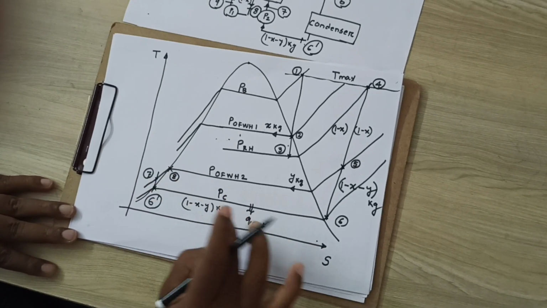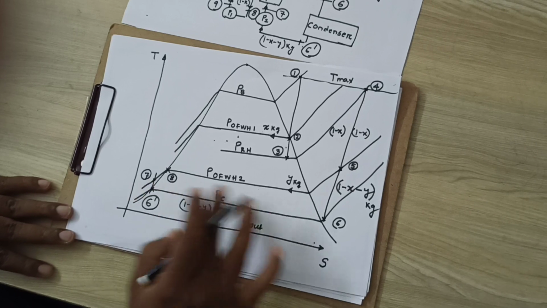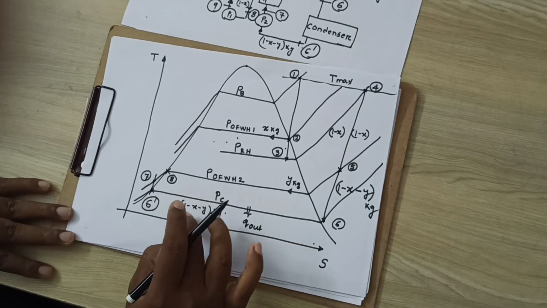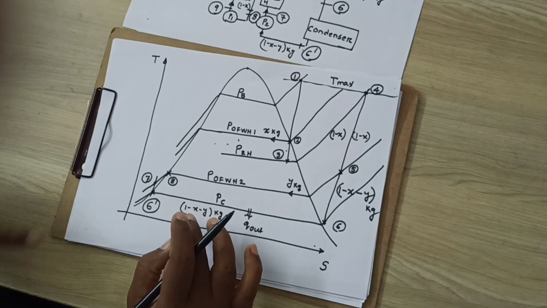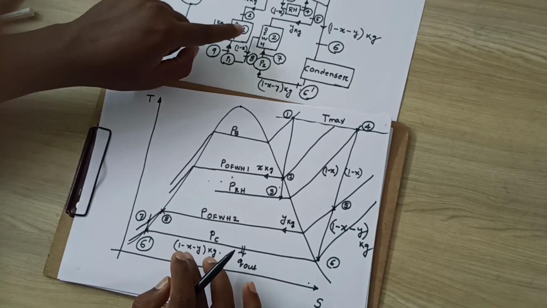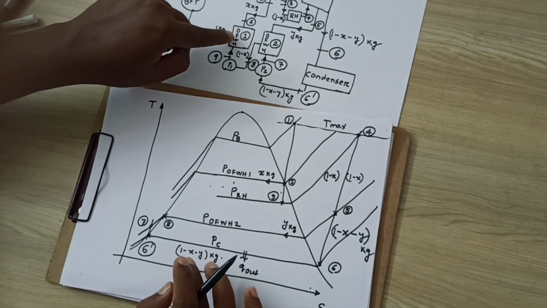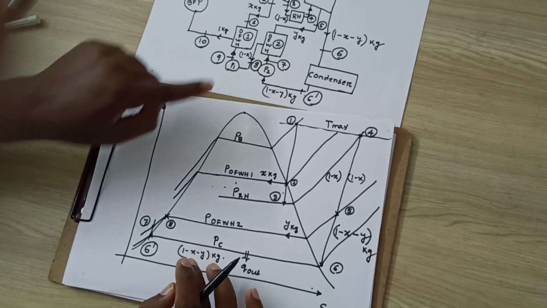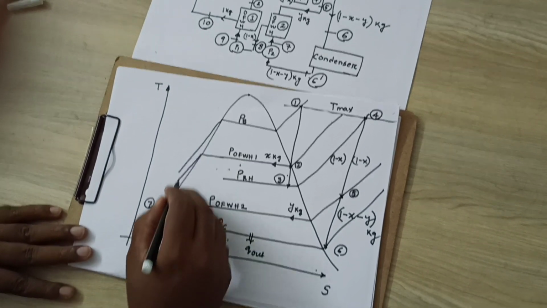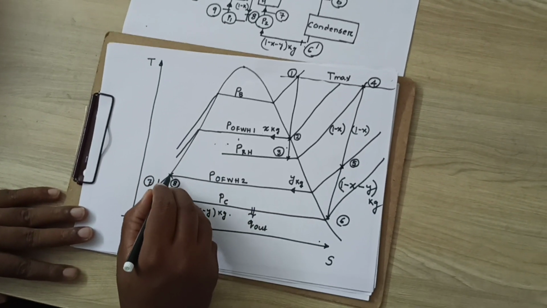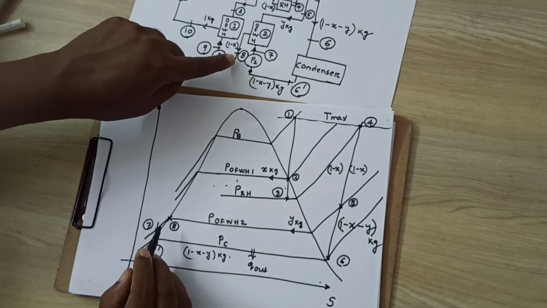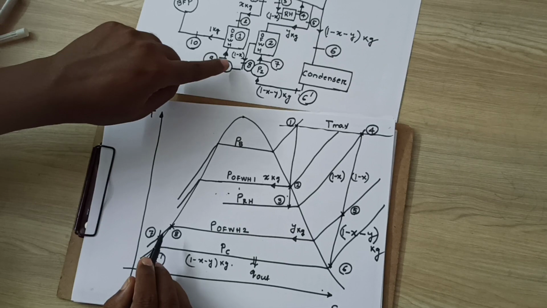Okay, another 1 minus x minus y kg from here, and y kg, both are added. So mass addition takes place, and the new mass is 1 minus x kg. Now from OFWH2, the feed water is going to OFWH1 through pump 1, so there will again be a pressure rise.